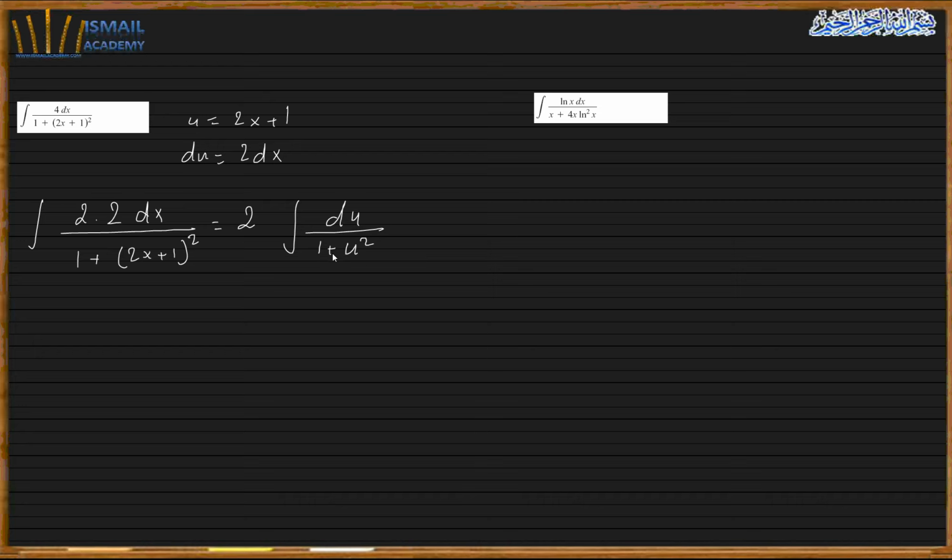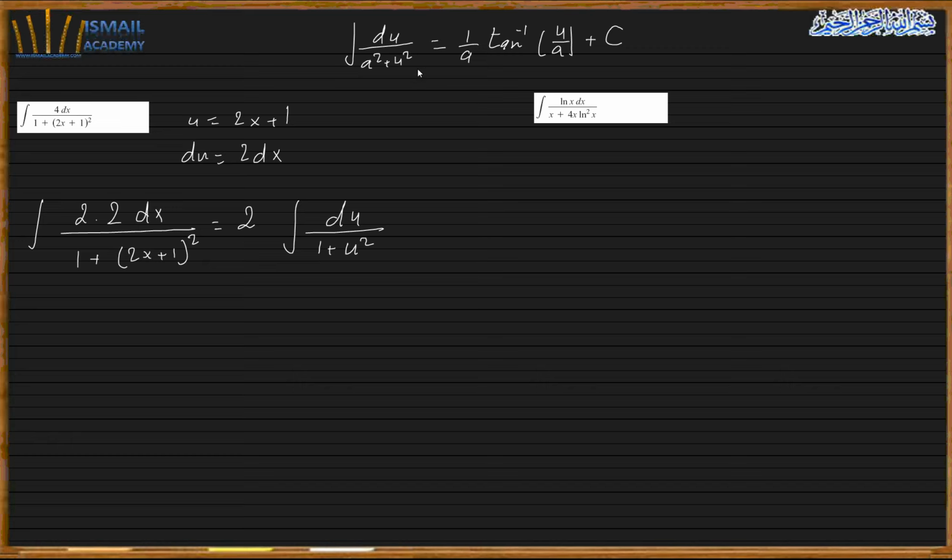So this is tangent inverse of u, because if I have the integral of du over a squared plus u squared, it is 1 over a, I believe, tangent inverse of u over a plus c.